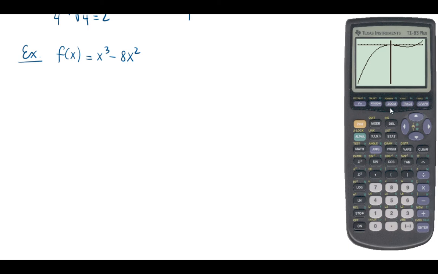But the best way is you can go to window and you can choose the window size. For example, you can make x from let's say -10 to 10. But for y we need something bigger. If you look at the graph, maybe we can do that one a little bit smaller. Maybe put -100 and then delete that one and put +100.